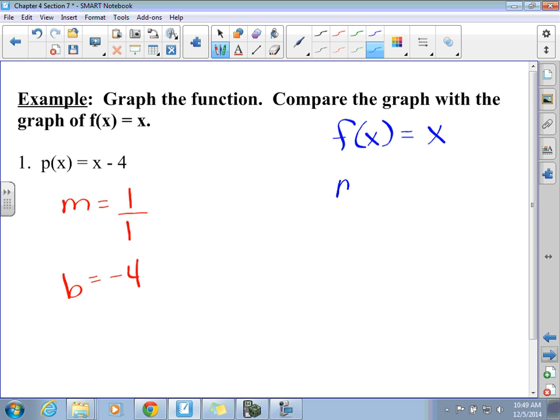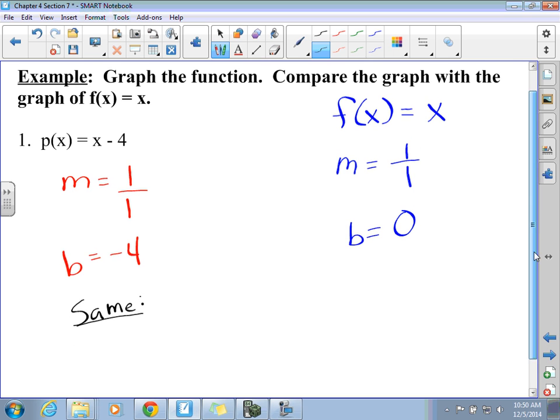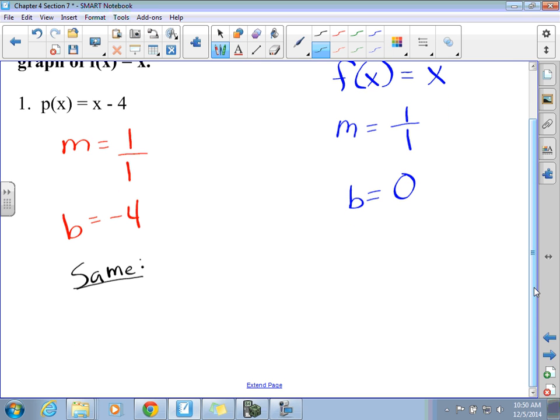So let's talk about what's the same. Looking at those two, what's the same? My slope. Okay, what's different? Yes, very nice. My y-intercept. Okay, and we're going to go ahead and go to our graph.